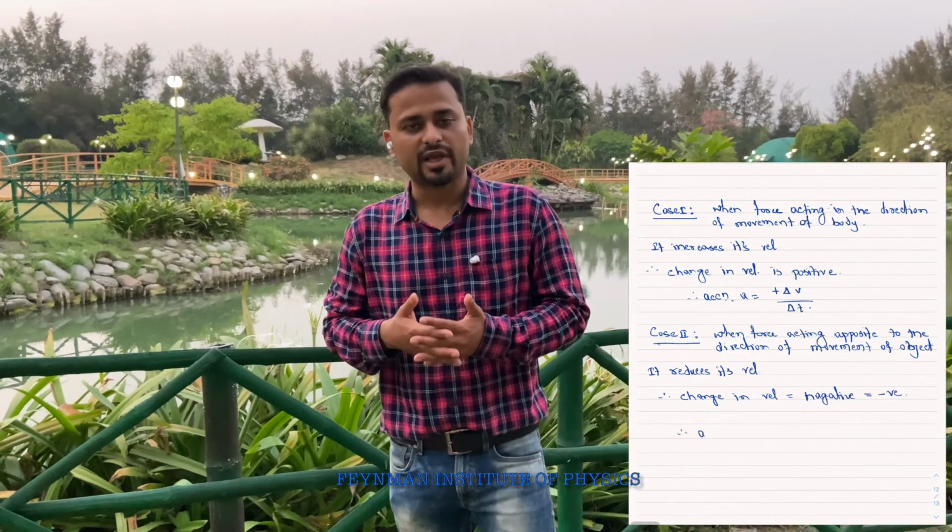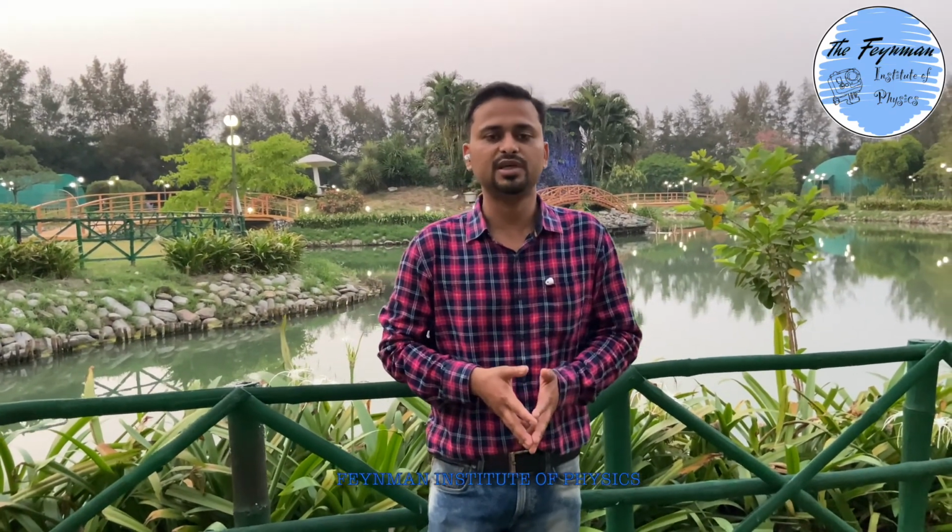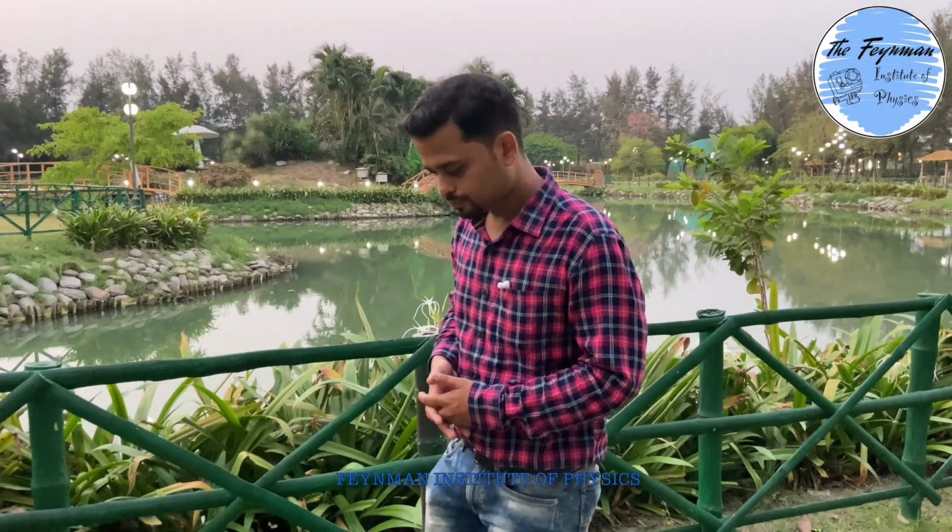So acceleration will be negative change in velocity divided by time, and that will be retardation. So we can further modify these formulas: V is equal to u plus minus at, S is equal to ut plus minus half at square, and V square is equal to u square plus minus 2as.